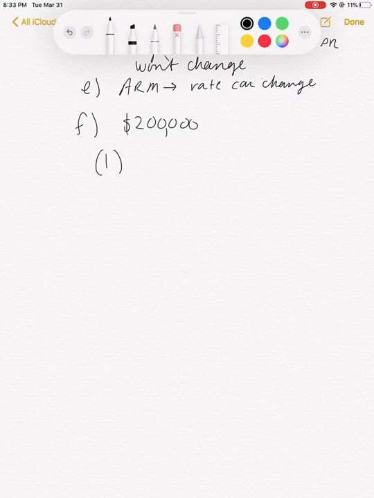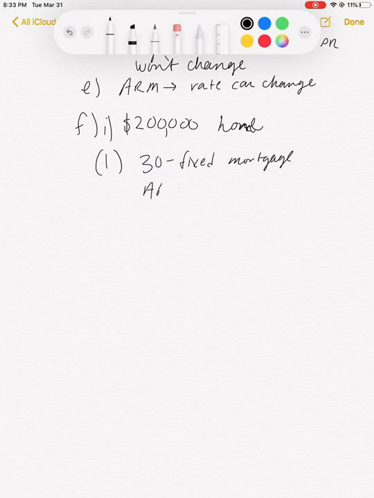So in part number 1, we have the $200,000 home. We have an APR of 5% on a 30-year fixed mortgage. So we calculate the monthly payment.